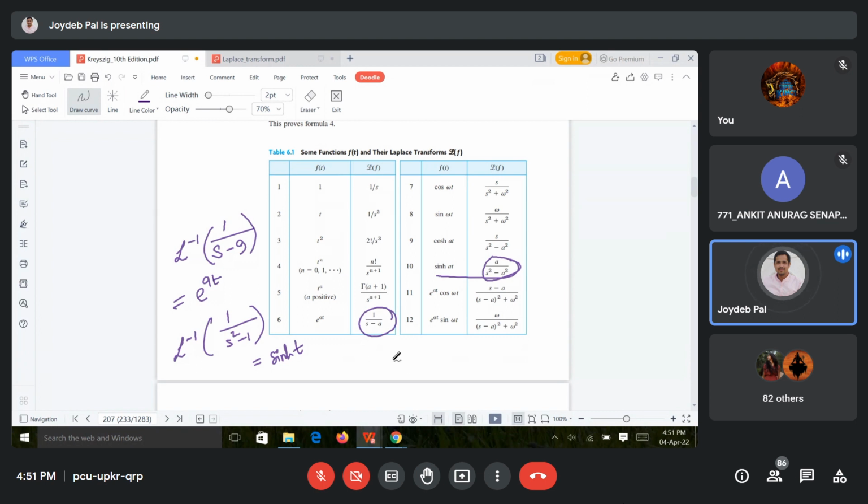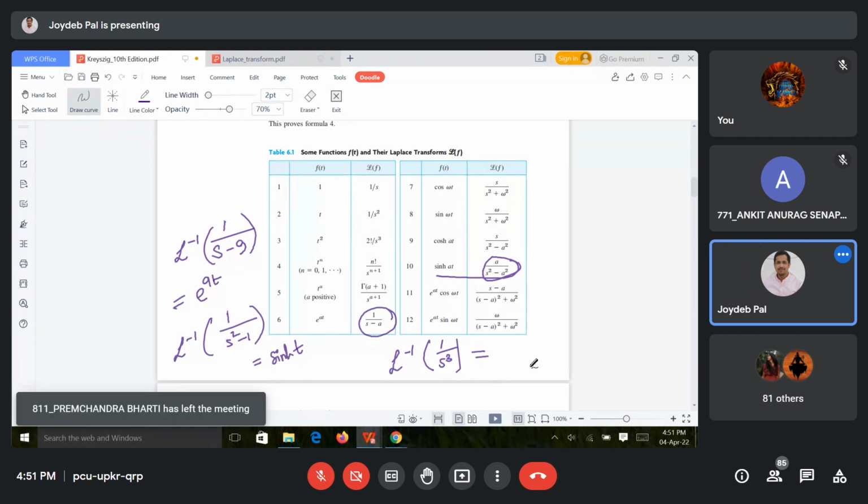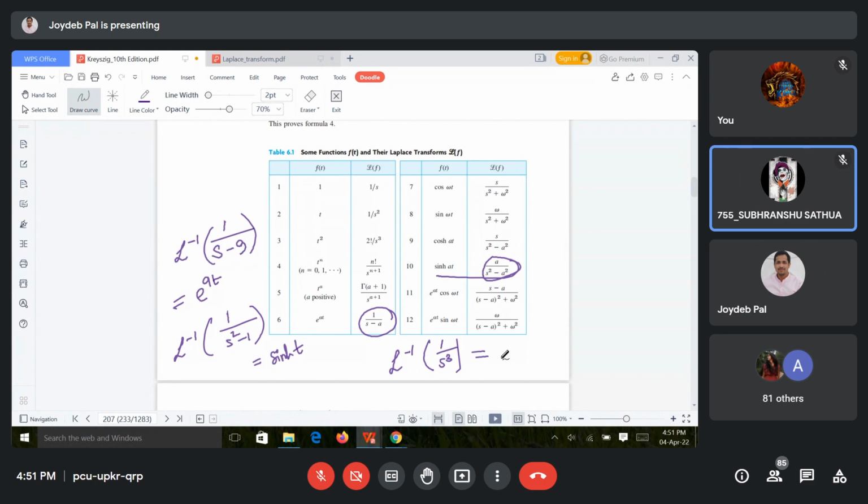Now can you tell me what is the Laplace inverse of 1 by s cube? Tell me. T to the power n. T to the s to the power 3, 1 by s cube, I am telling.